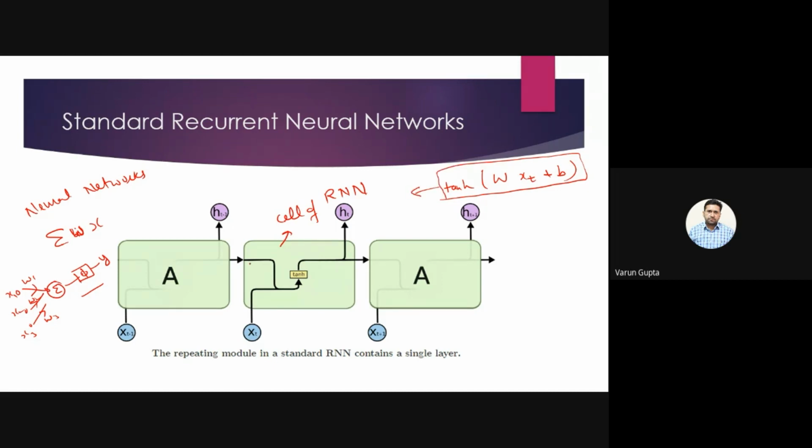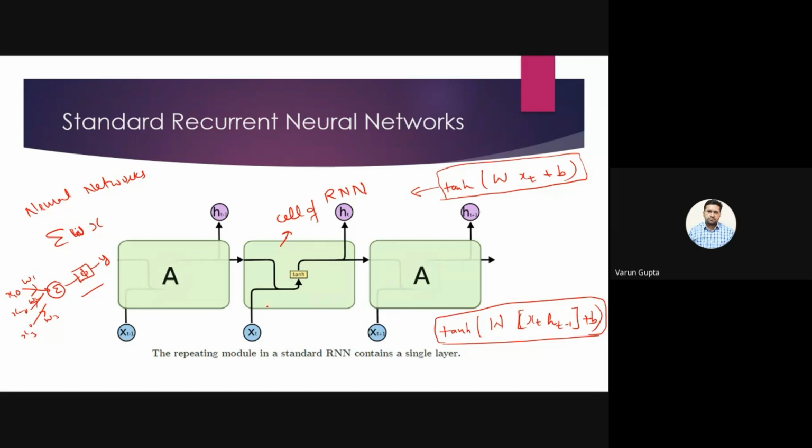And if previous state also we are taking, then what we'll do, we will take tan hyperbolic of weights, input xt, and we will concatenate our previous hidden state. And we'll apply the bias. This is the node of a standard RNN.